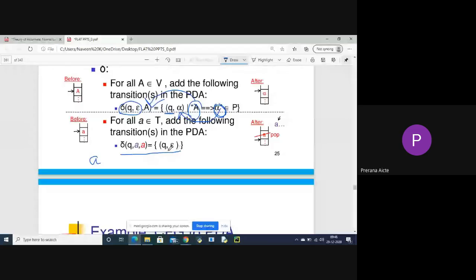If you have 1 and 0 as the terminal symbols, then we will write delta of Q comma 1 is equal to Q comma epsilon. In the same manner, delta of Q comma 0 is equal to Q comma epsilon. These two transitions are for the given grammar. Okay, it is the process for converting CFG to push-down automata.